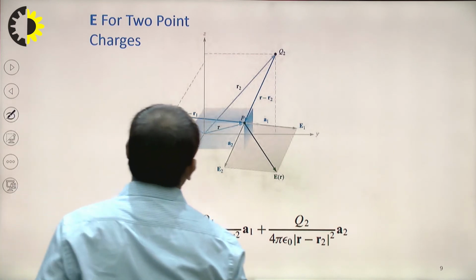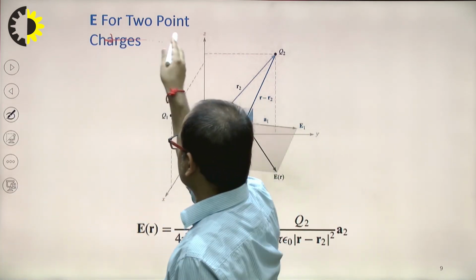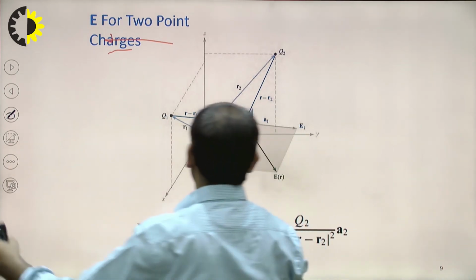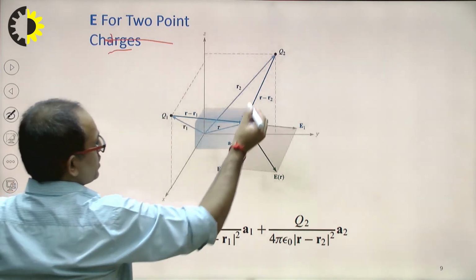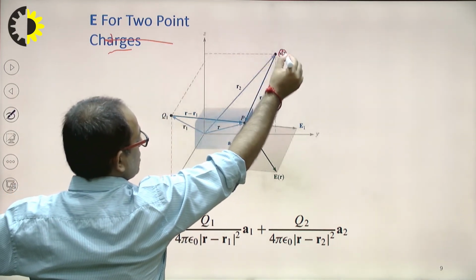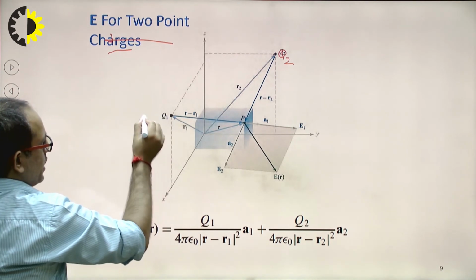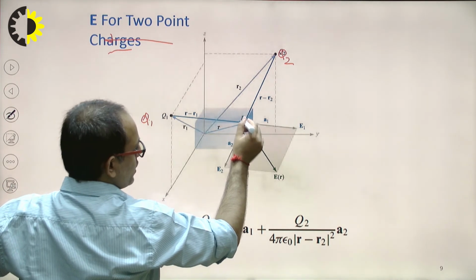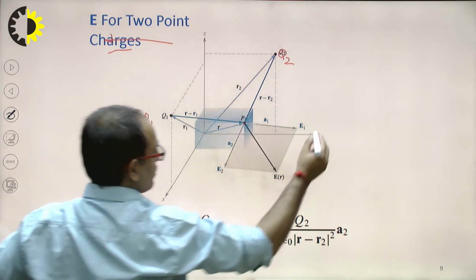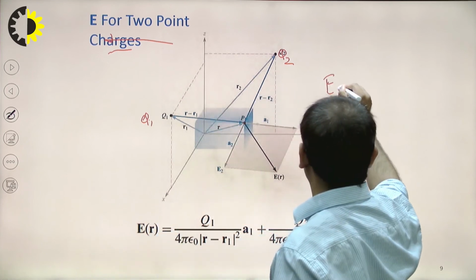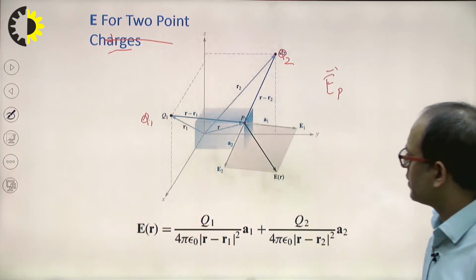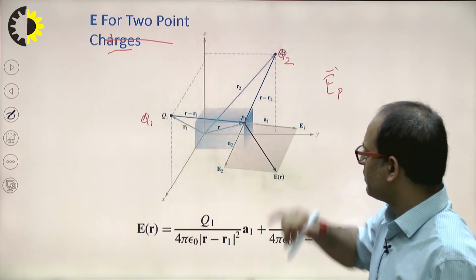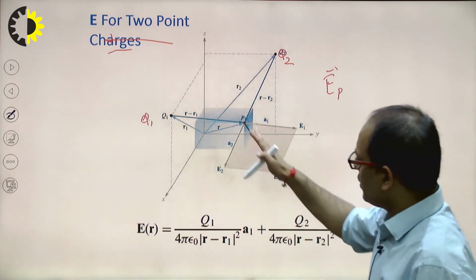Now next one is the electric field for 2-point charges. What is this electric field for 2-point charges? Now if I say this one is point charge Q2 in the space, and this one is point charge Q1, and I want to calculate the electric field at point P. So I think we should know the point charge at point P for calculating the electric field.